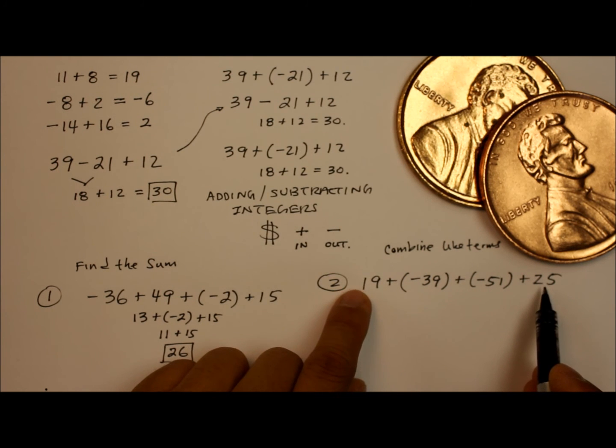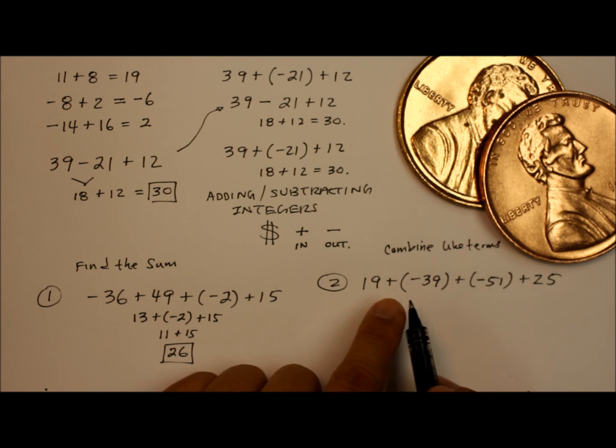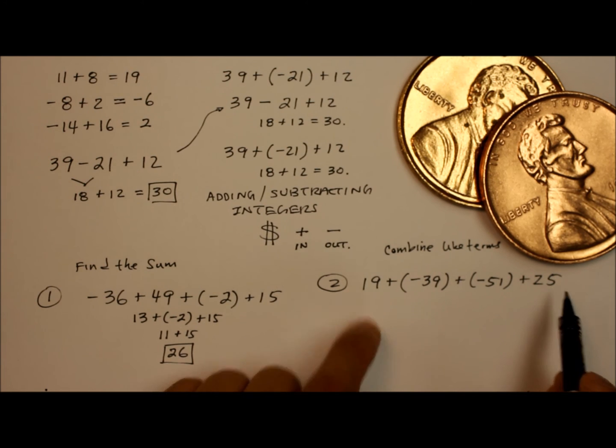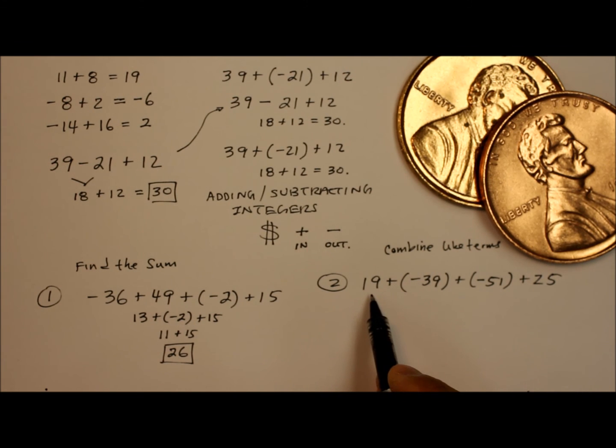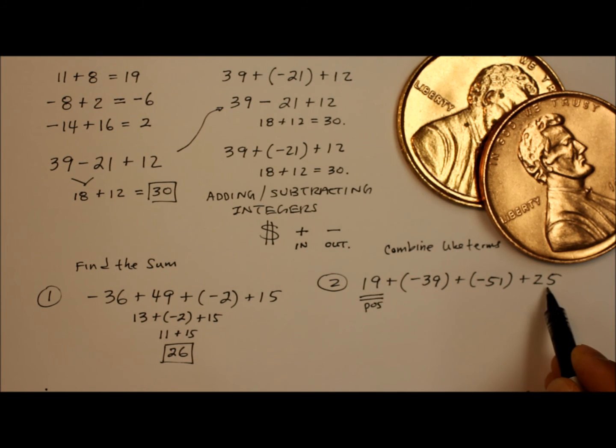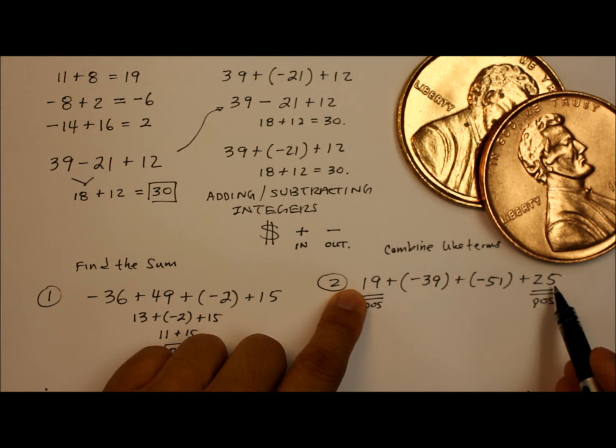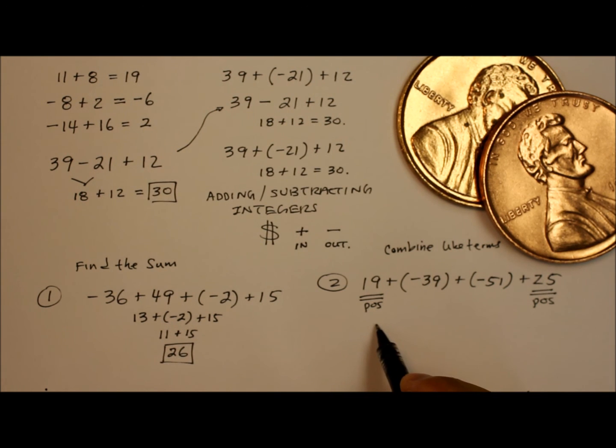And if you see positives, combine those as well. They're the like terms. So let's do the positives since they come up first in the series. We have 19, that's a positive 19. Plus 25, that's also a positive. When you add 19 and 25 together, it becomes 44.